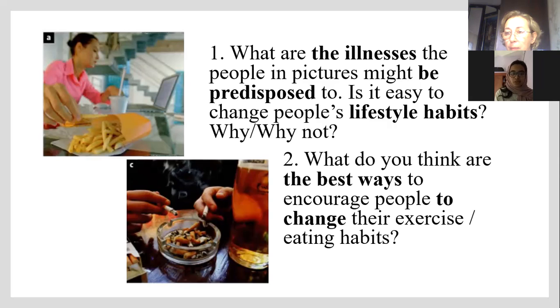We should create a goal for them. We should create a perspective for them so that they have a willingness inside them to change that particular habit for their betterment. If there is no goal or no motive for them to bring about the change, there will be no use.